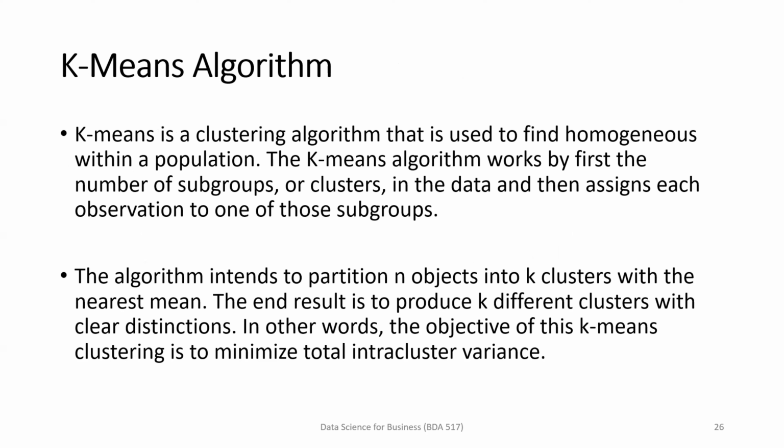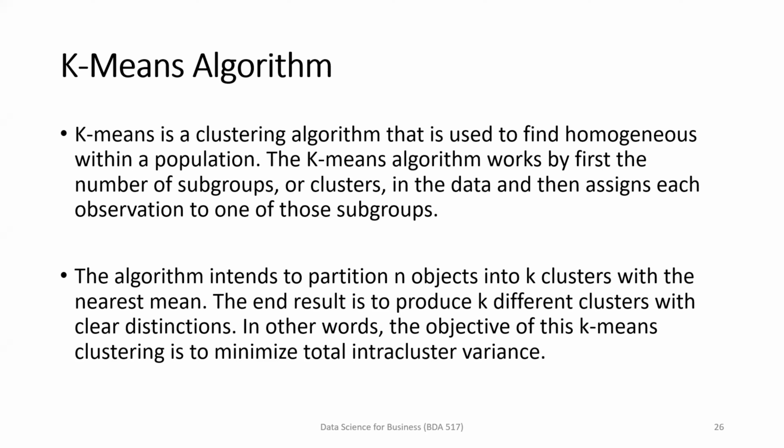So first of all, it tries to find homogeneous items within the data set. Normally you start by indicating that you need 3 clusters. So what the K-means algorithm will do is that it will just pick any 3 data points, and then when it picks them, it will iterate.